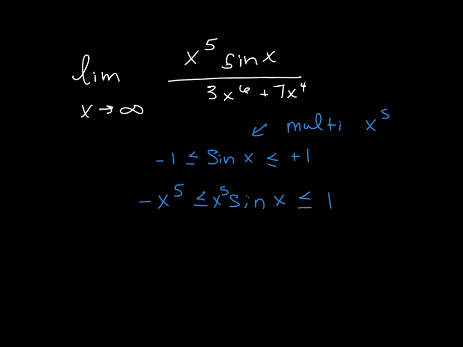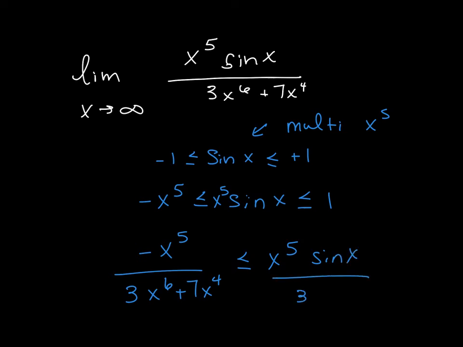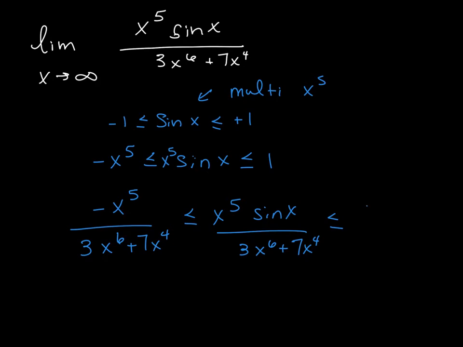And now the next step is I'm going to divide, and then I'm left with -x to the 5th all over 3x to the 6th plus 7x to the 4th, which is less than or equal to x to the 5th sine of x all over 3x to the 6th plus 7x to the 4th, which is less than or equal to x to the 5th over 3x to the 6th plus 7x to the 4th.